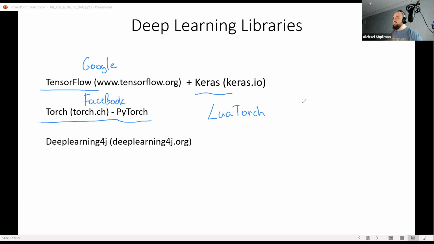But there is good news there as well. There is something called ONNX, Open Neural Network Exchange, which is a set of libraries that can take in any neural network in PyTorch, TensorFlow, Deep Learning for Java, or anything else, and output it as an ONNX file, which can then be used by different libraries that create executables from these deep neural networks.